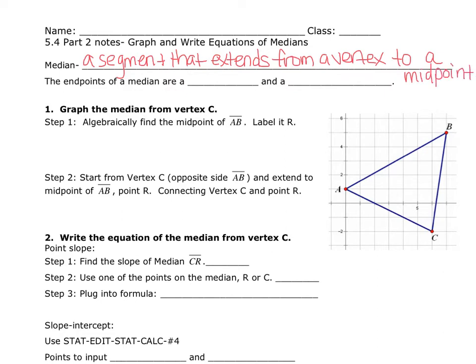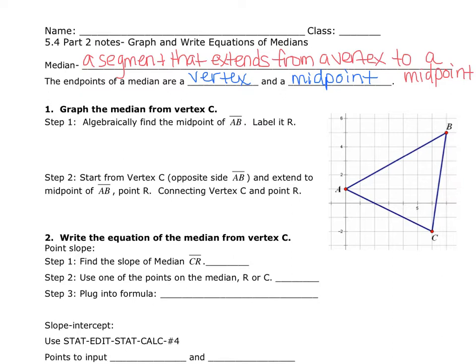So you have a segment that's starting from a vertex and it's going to the midpoint of the opposite side. So the endpoints of a median are a vertex and a midpoint. So anytime that the segment is going to a midpoint, you're going to be using the midpoint formula.